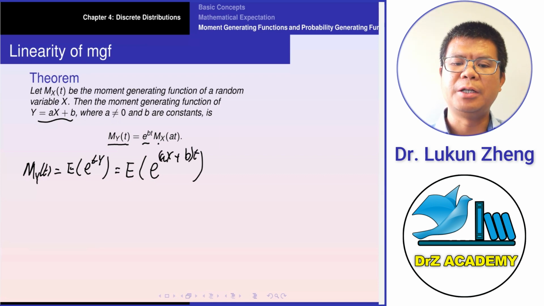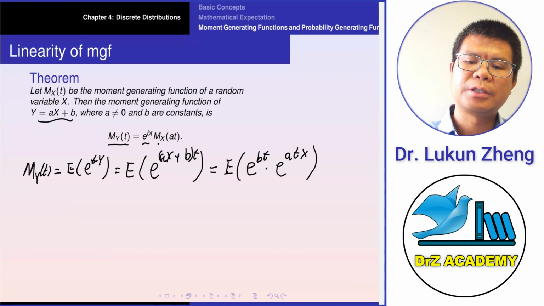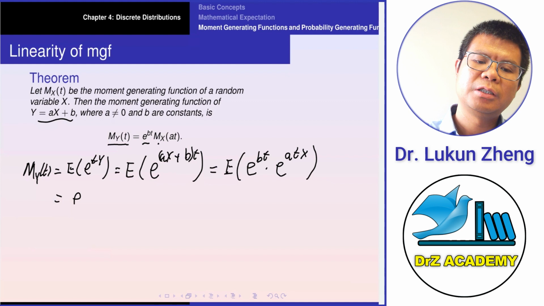So this equals the expectation of e to the power bt times e to the power atX. Now e to the power bt is a constant, so you can take it to the front.